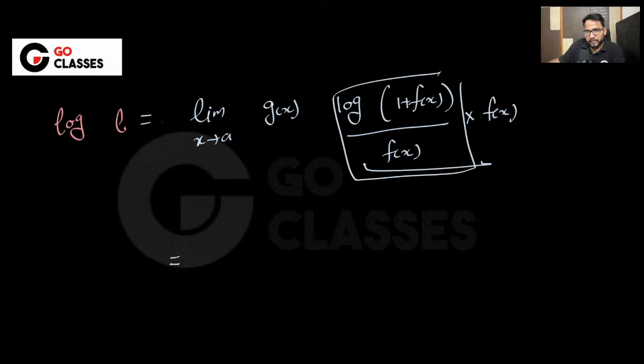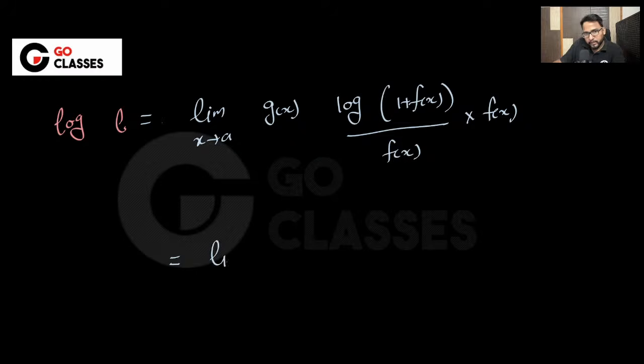Finally, it is coming out to be limit x tends to a g(x) into 1 into f(x), which means it is f(x) into g(x), which is log L.